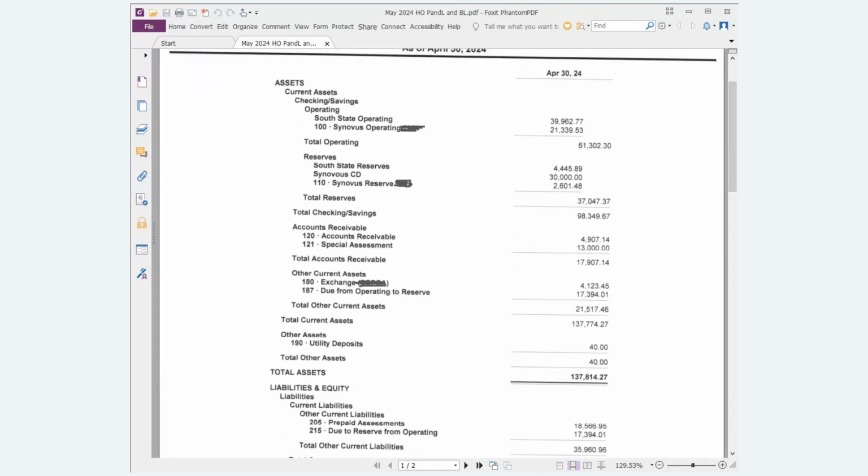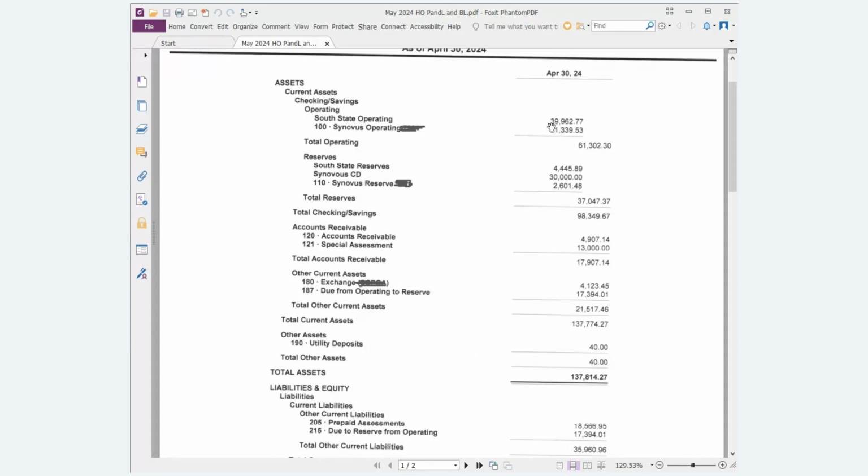In the balance sheet, we have the first section here, which is your current assets. Anything that's labeled current in a statement is something that is less than 12 months. Whether it's a receivable or a payable, if it's less than 12 months, then it's considered current. These are the balances in the operating accounts.